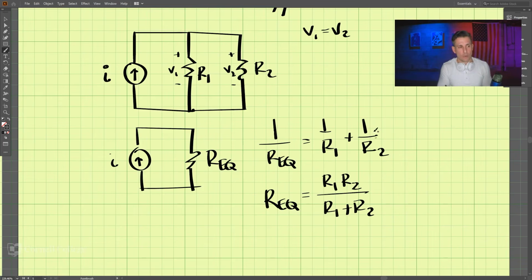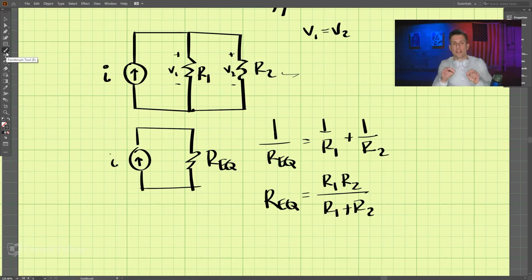I like this one better because if you have more resistors, you can just add more onto here. Okay? So that is the equivalent resistance.